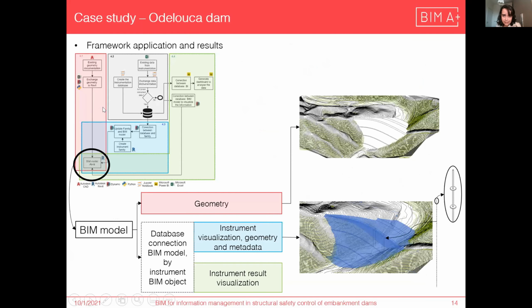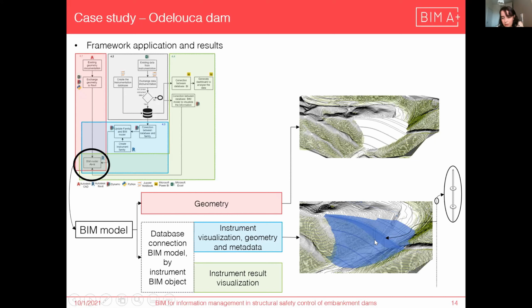So to visualize the results that you obtain, you see that all information is concentrated in the BIM model: the geometry, the location, and the data measurement, all the information here. So in the BIM model, you can see the geometry of the dam, like that. The instrumentation visualization, the geometric data, like the visualization of the position of the instrument.